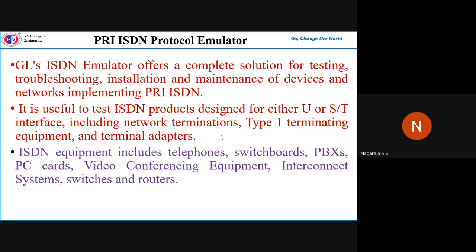All these things you can validate using this protocol emulator. Your ISDN equipment includes telephones, switchboards, private box exchanges, PC cards, video conferencing equipment, interconnect systems, switches, and routers.